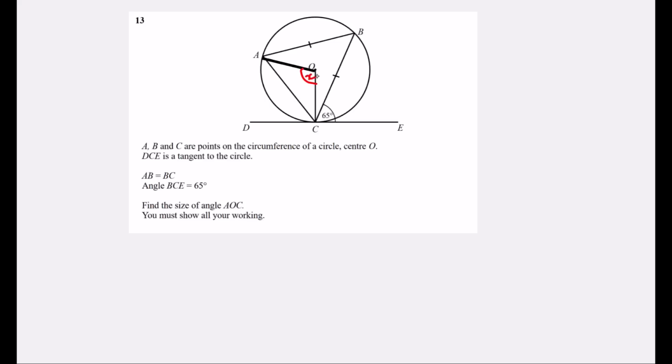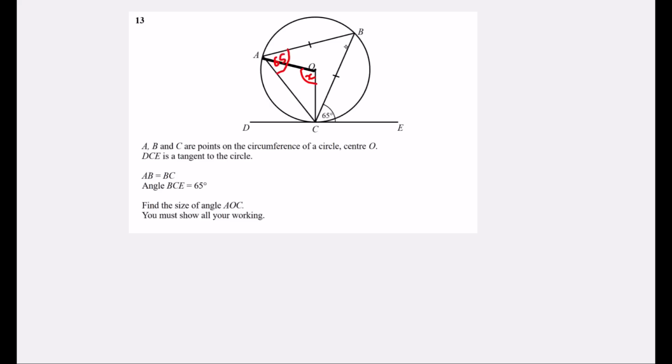Whenever we've got a triangle inside a circle, we can use the alternate segment theorem. So the angle in the other segment, 65 degrees, is on one side of the line BC. The angle in the other segment, on the other side, is 65 degrees as well.